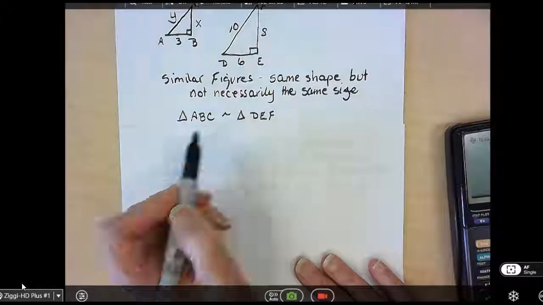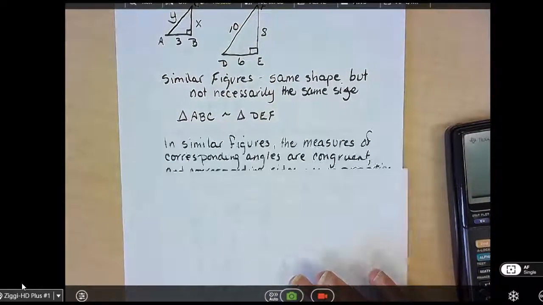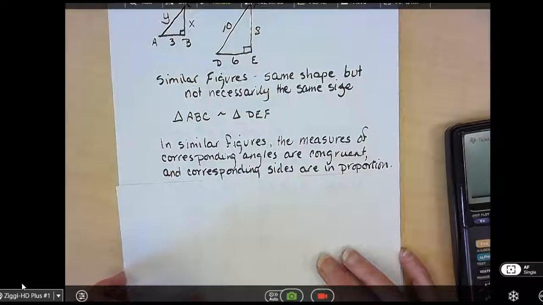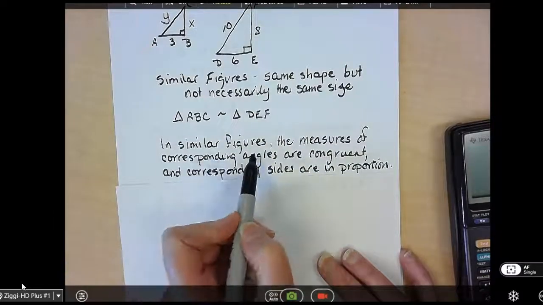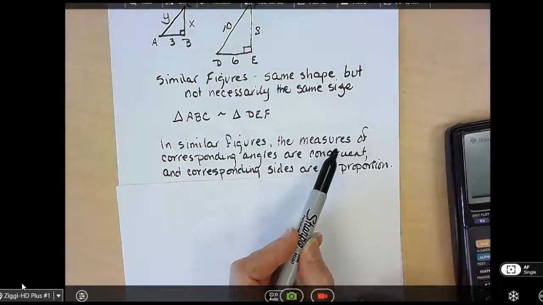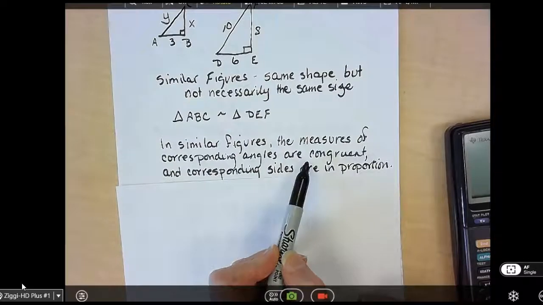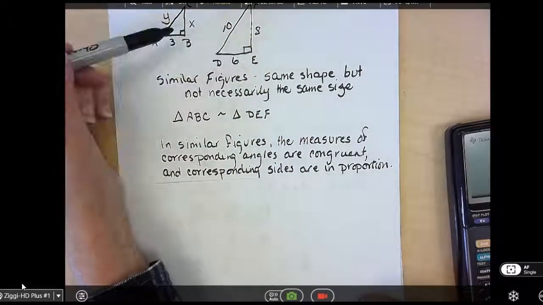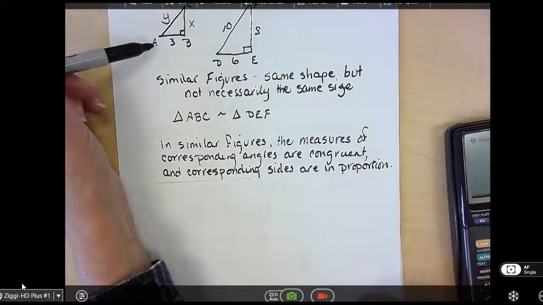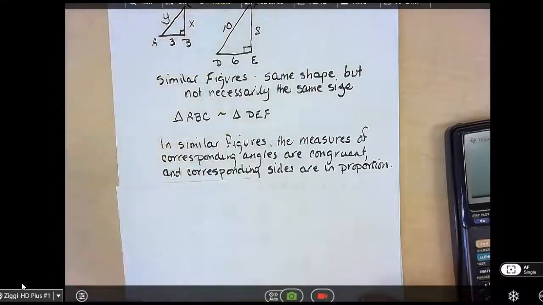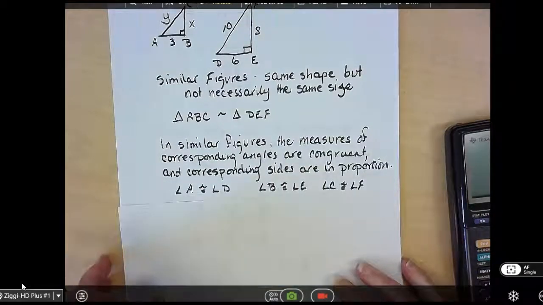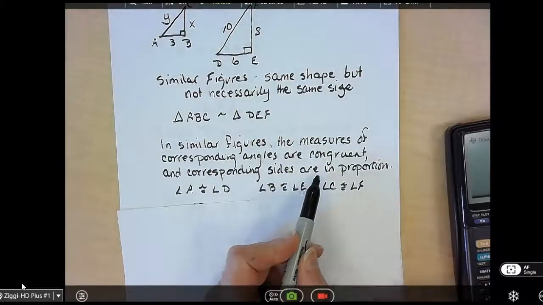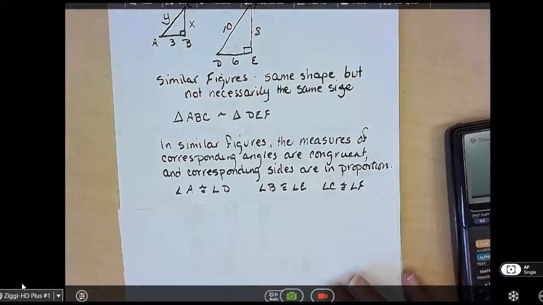If you're told they're similar, then you know some information automatically. In similar figures, the measures of corresponding angles are congruent. So, like I said earlier, angle B and angle E were 90. It would also mean angle A and D would be congruent, C and F. And corresponding sides are in proportion.